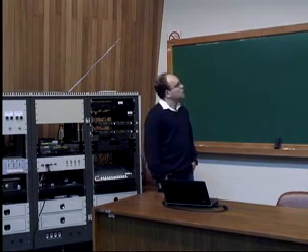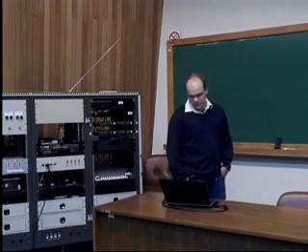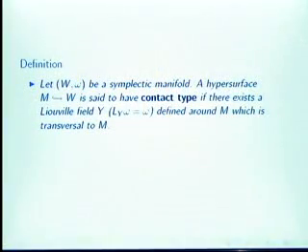Okay, so we have a symplectic manifold, and a hypersurface is said to be of contact type if there exists a Liouville field defined around this hypersurface M, which is transversal to M. Liouville field, as said already in other talks, means that it dilates the symplectic form.